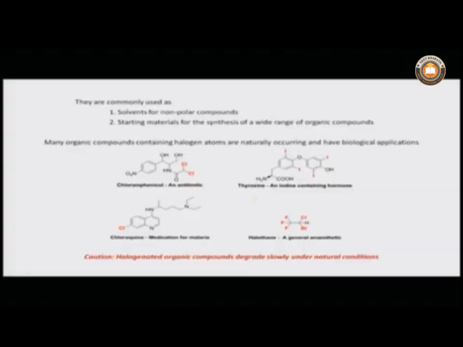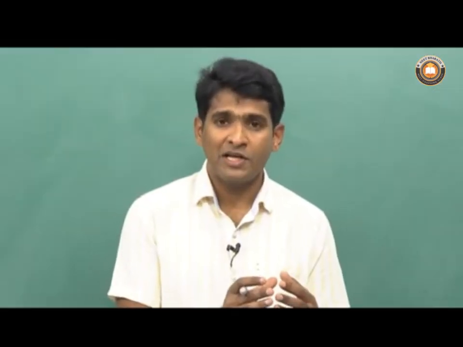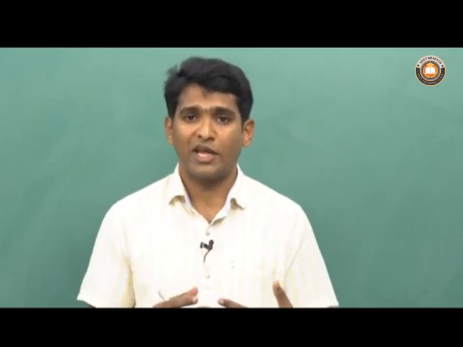Okay. So before I go further, I would also like to say that these kind of molecules are widely used by chemists and also by non-chemists, even without knowing what these compounds are. One of the most common applications of these molecules is that the lower members of this class of compounds are liquids, so they are used as solvents and they can dissolve most of the other organic compounds.